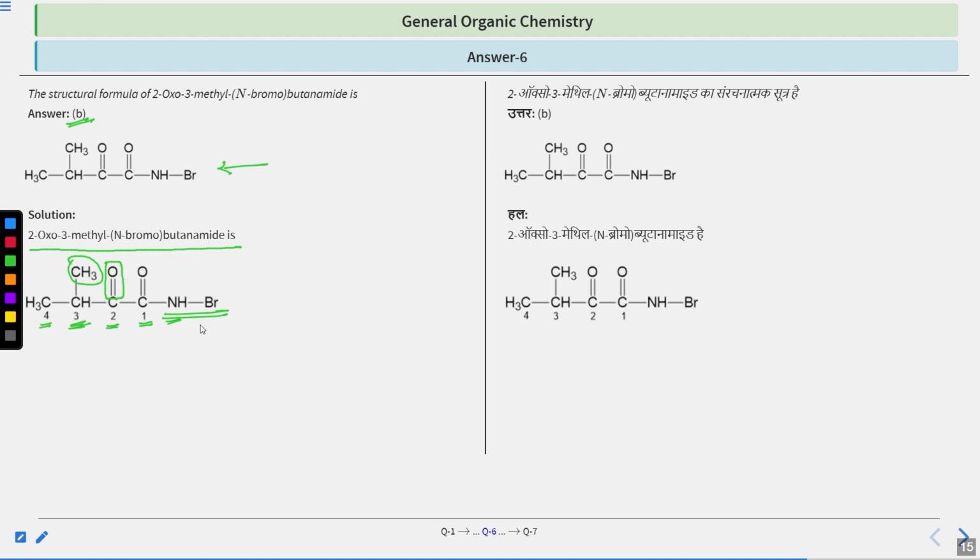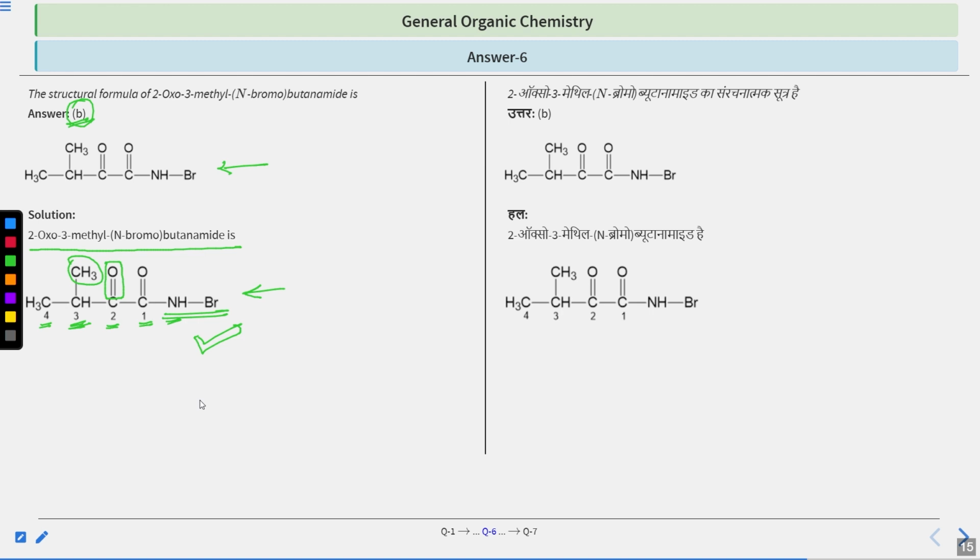So butanamide, amide because the NH group is present, so we call this functional group amide. Thus, for this name, 2-oxo-3-methyl N-bromobutanamide, this is the correct structure, and option B is the correct answer.